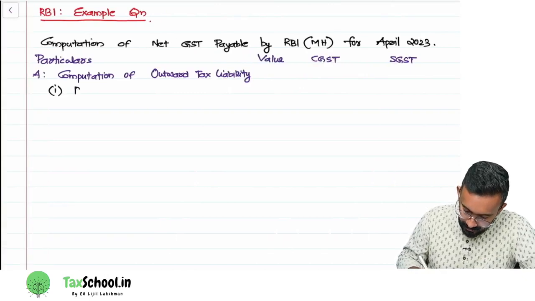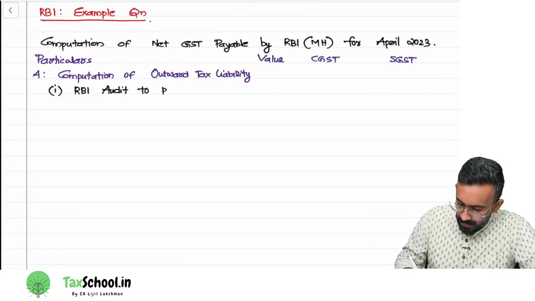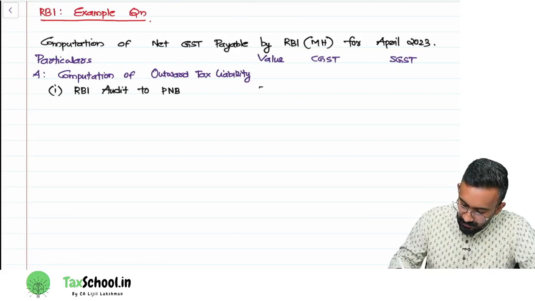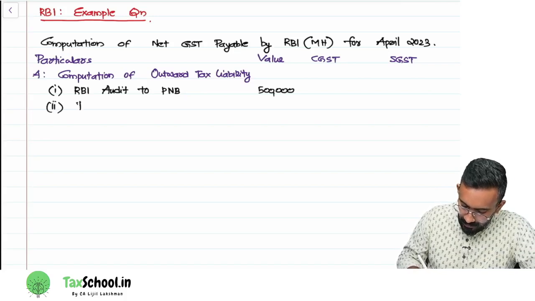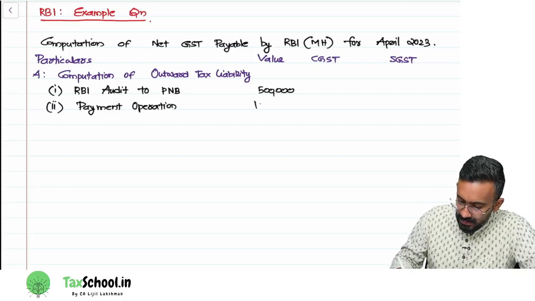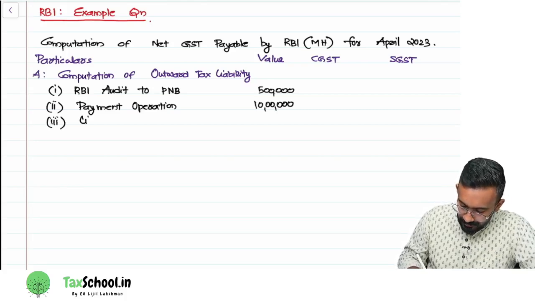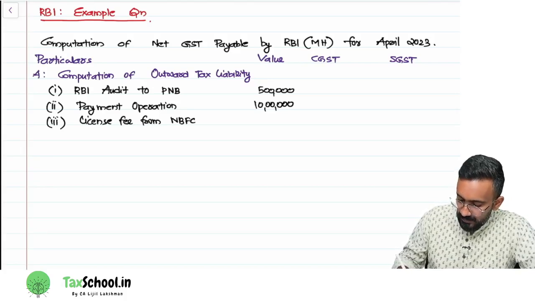So, RBI audit to Punjab National Bank. Value was 5 lakh. Second, payment operation. Value is 10 lakh. Then license fee in NBFC, 2 lakh.